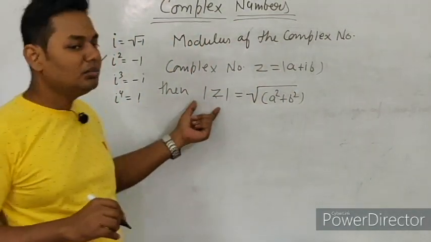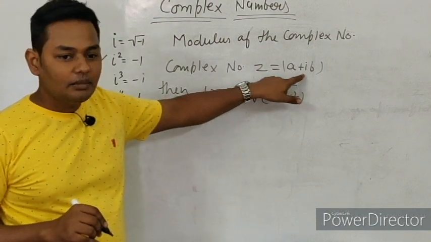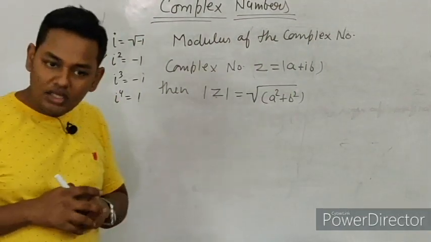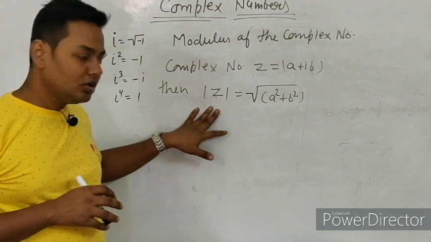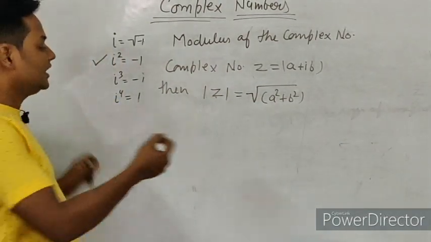This is the formula for the modulus of a complex number. So if you need to find the modulus of the complex number, it is equal to under root a square plus b square. Let's take some examples.